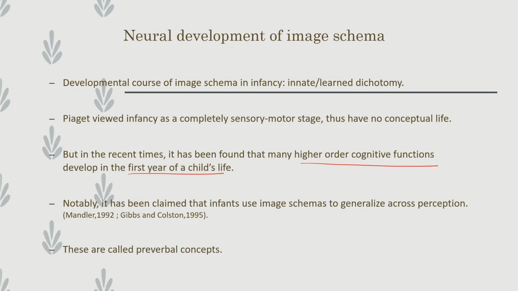So, one of the important claims that comes out from these findings is that infants use image schema to generalize across perceptions, because image schema, remember, is an abstraction of various perceptual experiences. So, basically it means that using image schema we can generalize across perceptual experiences, and that is how we put them together in one category, that all these experiences are of the same category because they all share the schema.